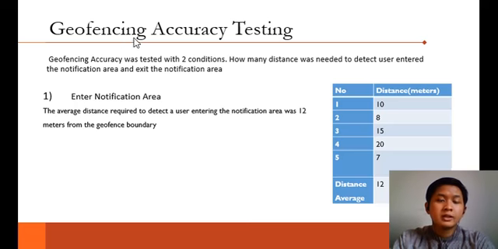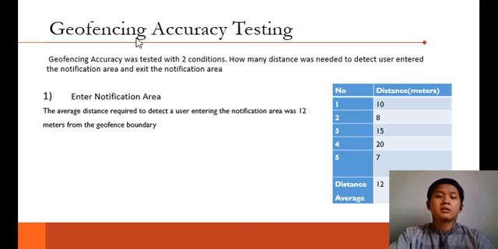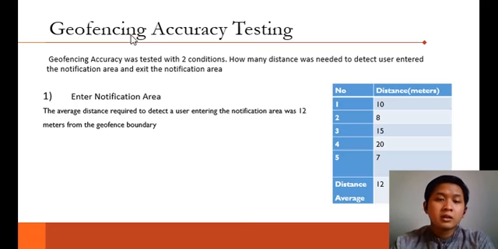And then geofencing has been tested. Geofencing accuracy has been tested with two conditions: how much distance was needed to detect the user entering the notification area and exiting the notification area. Number one, entering the notification area.